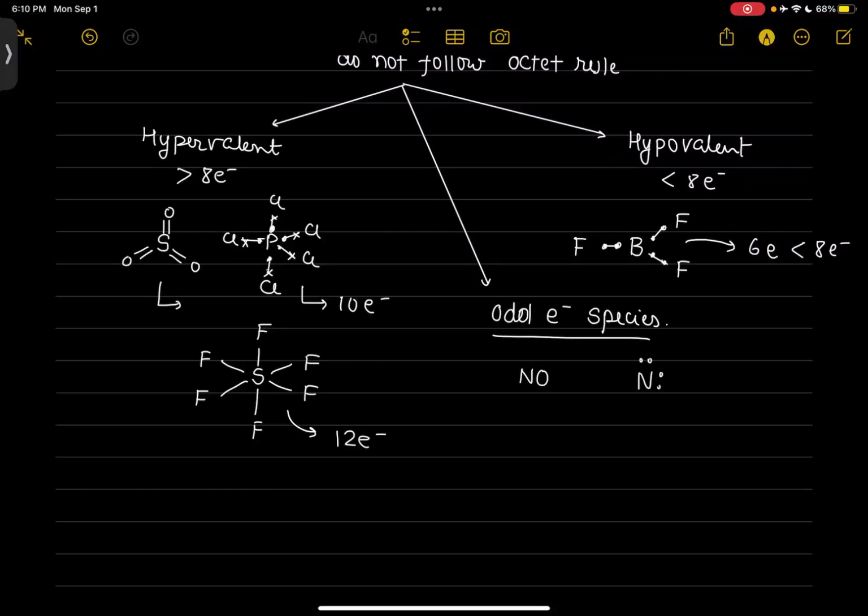Oxygen, how many electrons are there? It is the eighth element, so 6, right?